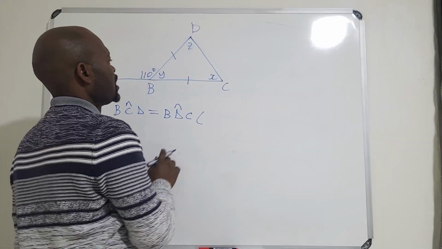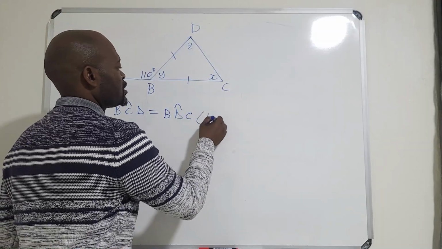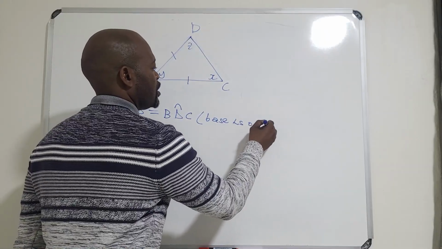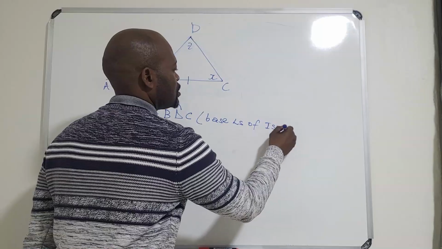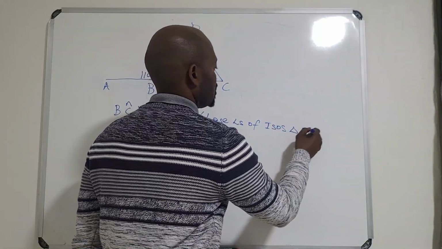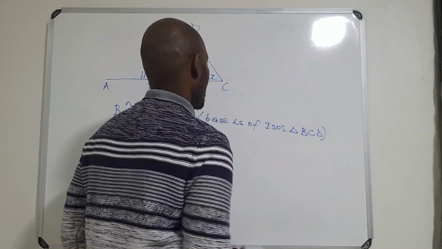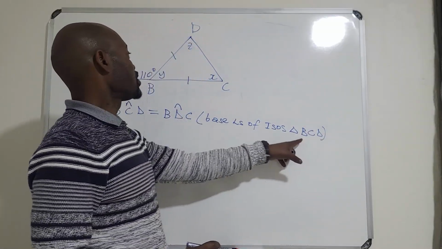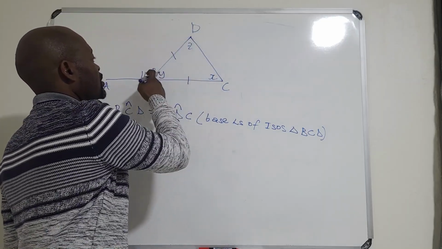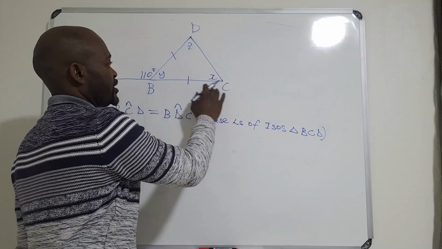It is because base angles of isosceles triangle BCD. Base angles of an isosceles triangle are equal since they are opposite equal lengths.